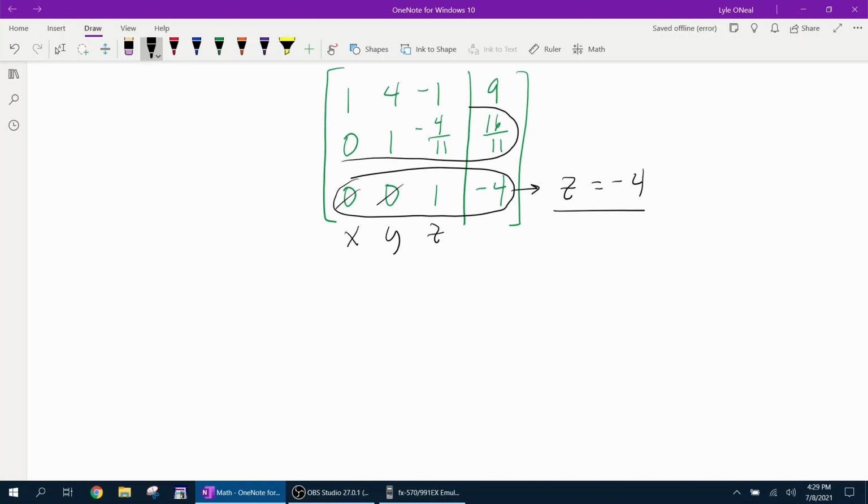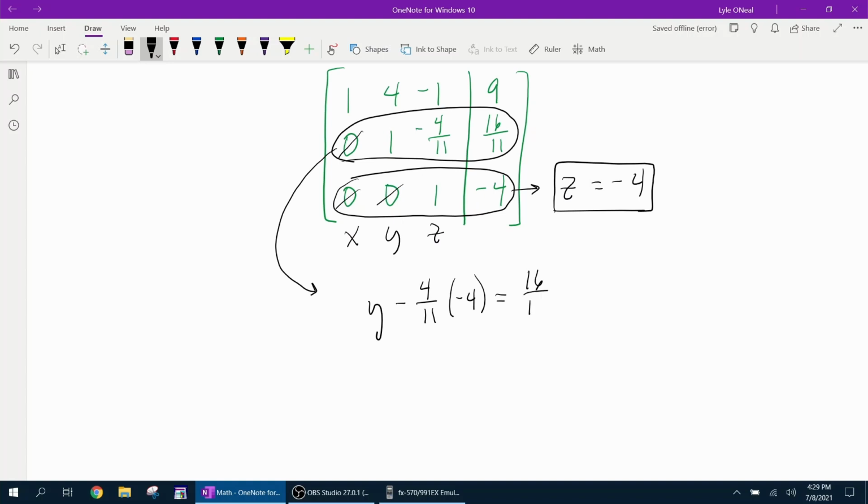Then we go back to the next row. We're going to convert that into an equation, and we're going to substitute for z as we go. So that's no x, that's 1y, minus 4/11 z, but z is negative 4, equals 16/11. And then we simply need to solve for y.